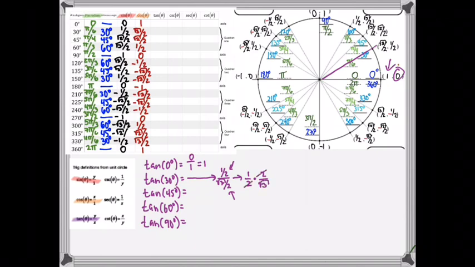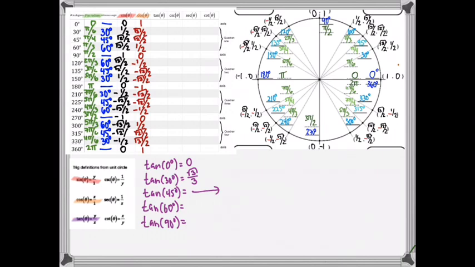Those are going to cancel out. And so we're going to get 1 over the square root of 3. However, we have to multiply the top and the bottom by the square root of 3 to rationalize the denominator. And so we're going to get the square root of 3 over 3. So I'm going to clean this up real quick so we can go on.